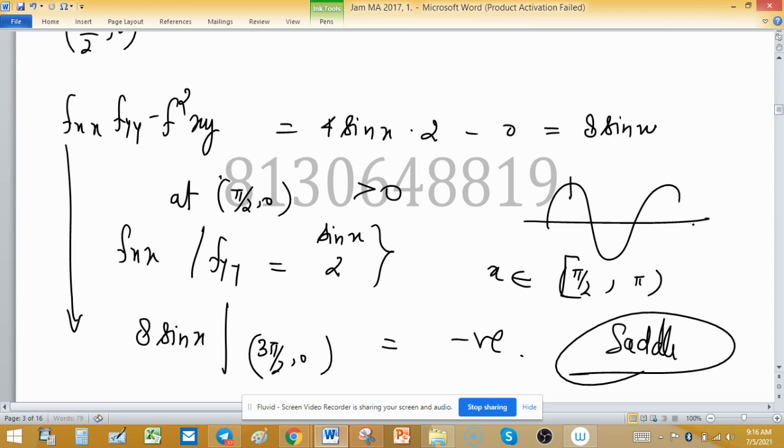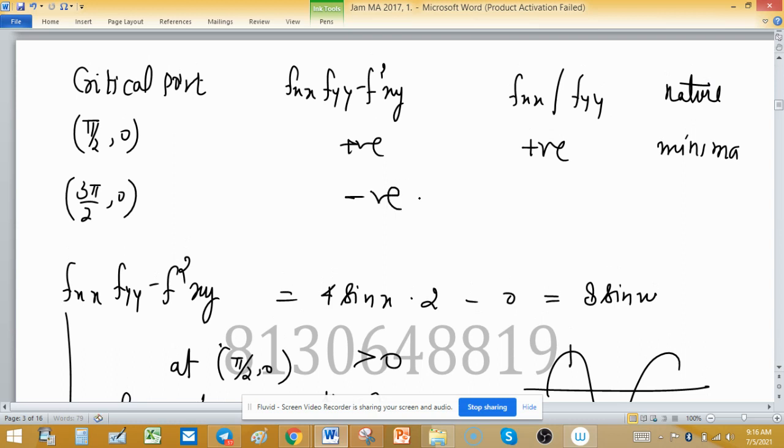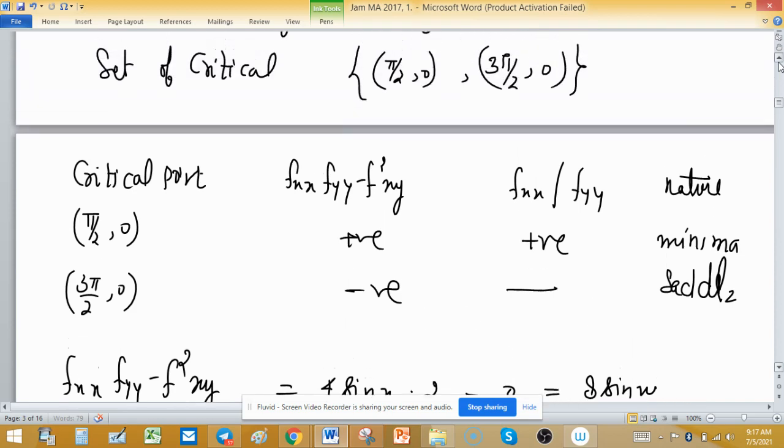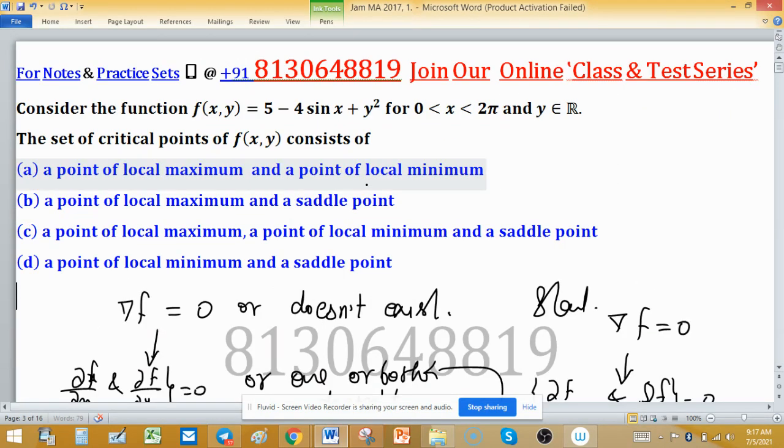There is no need to check the sign of fxx or fyy, because this is negative and it will be a saddle point. So we have two critical points: one is a point of minima and the other is a saddle point.